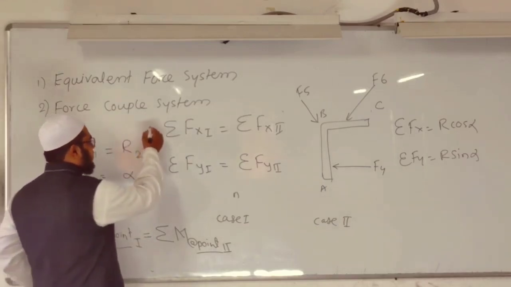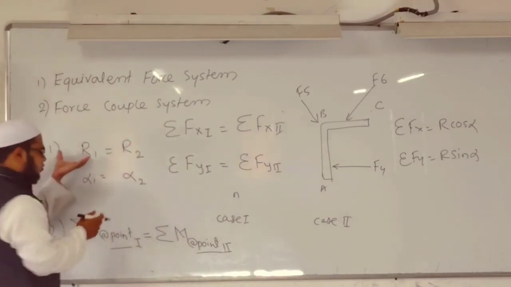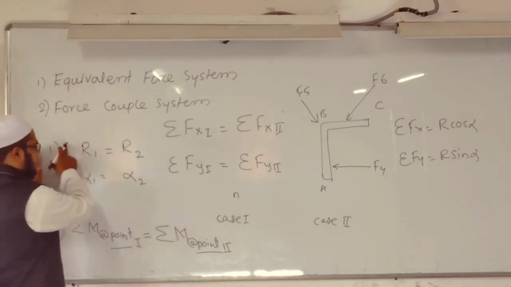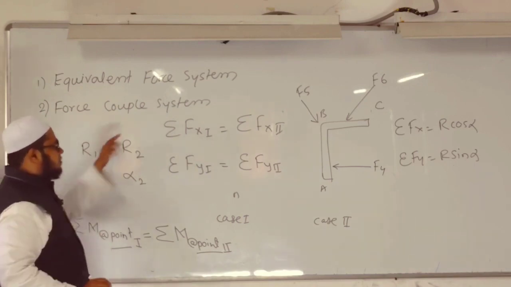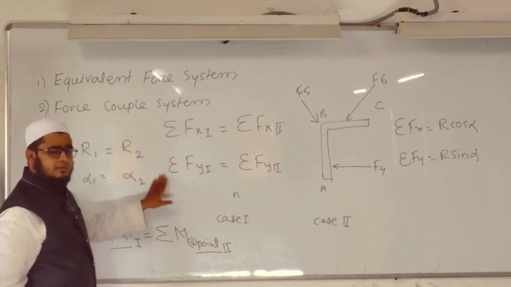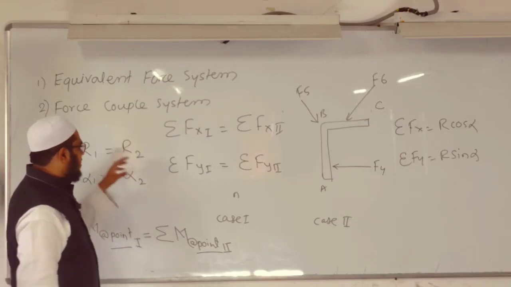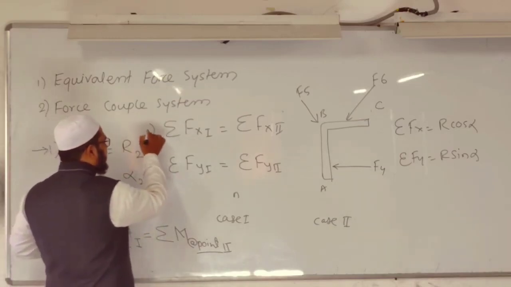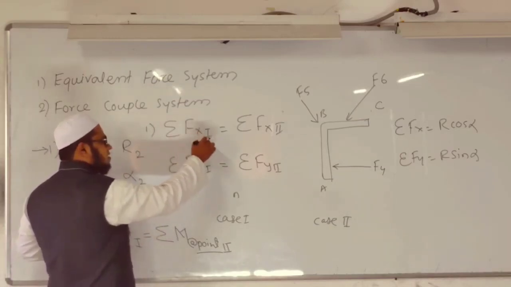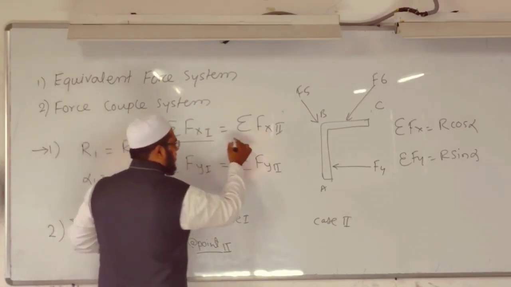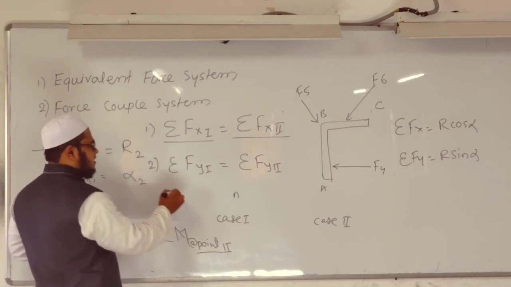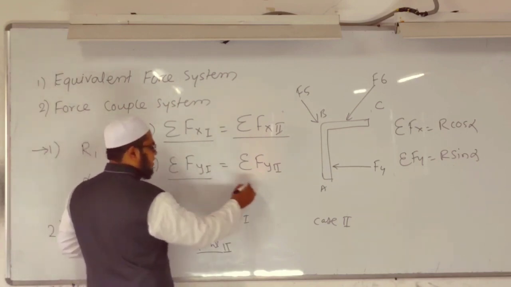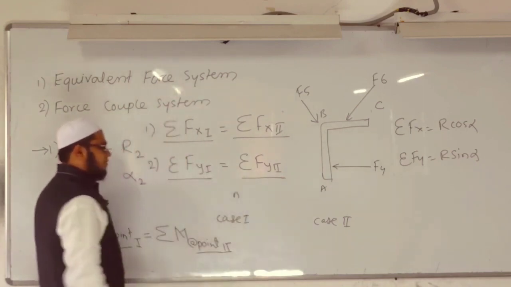What is the first condition? Actually it is only two conditions, but this first condition we have considered in terms of summation of Fx and summation of Fy. That's why there are three conditions. The first condition is summation Fx of first must be equal to summation of Fx of second. Second condition, summation Fy of first must be equal to summation Fy of second.